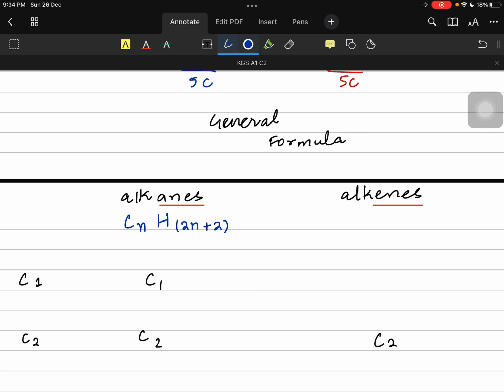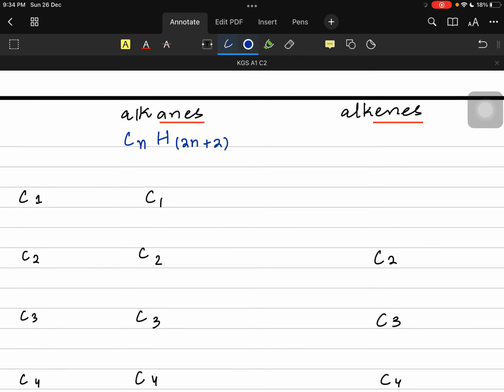For example, if I'm talking about a one carbon alkane, hydrogen would be twice the number of carbon, which means 1 multiplied by 2 plus extra 2, which means 4. So it becomes C1, which we don't write as 1, CH4.